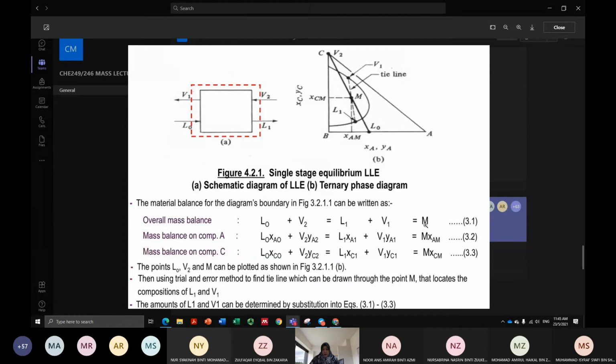So you have two equations already, and then this one equal to this one, three equations. So you can get three equations from the overall mass balance, three equations for mass balance on component A, and three equations for mass balance on component C. So these are the steps involved.